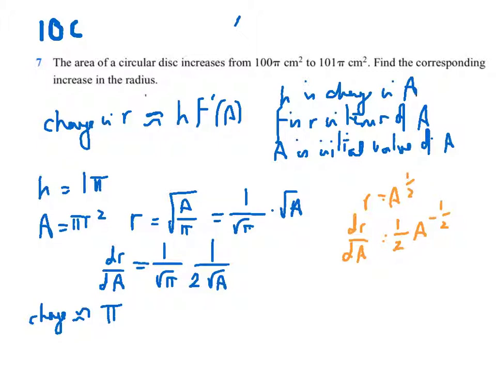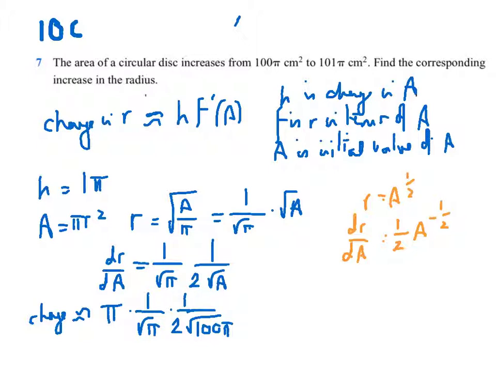So that gives us what we've got there: h times 1 over root pi times 1 over 2 times the square root of the original value of A, which is 100 pi. Now lots of things are going to cancel.